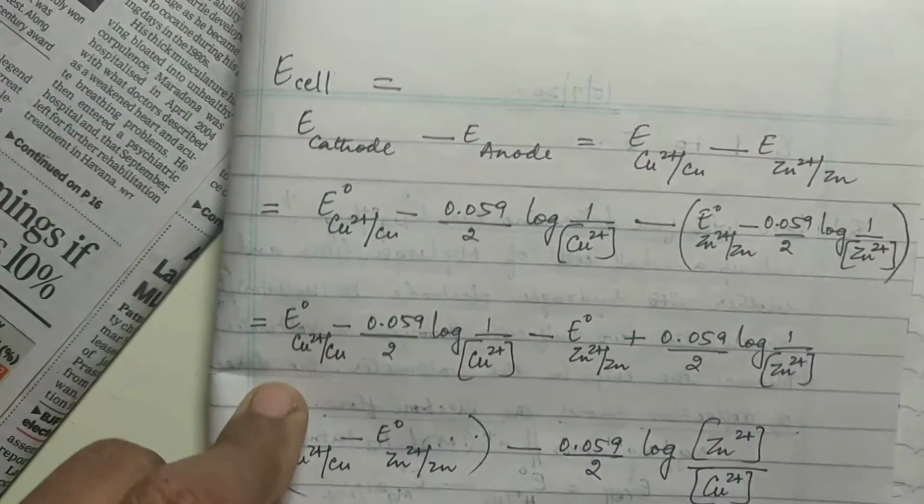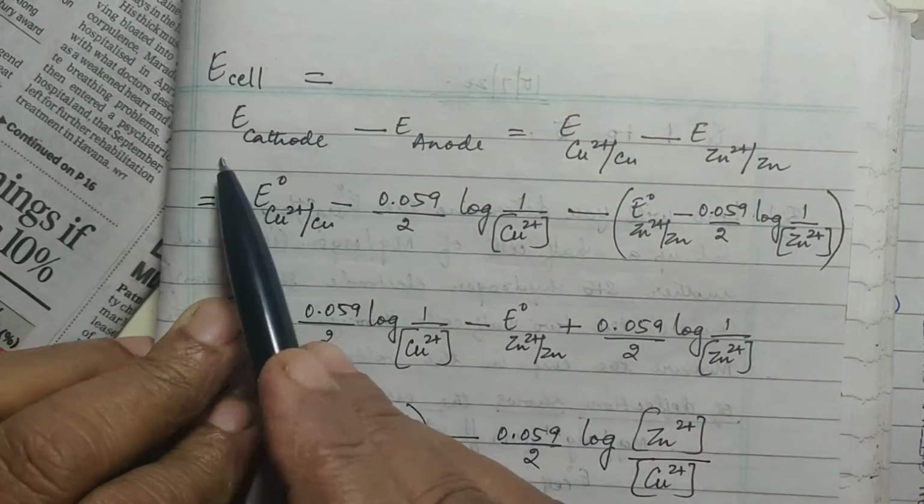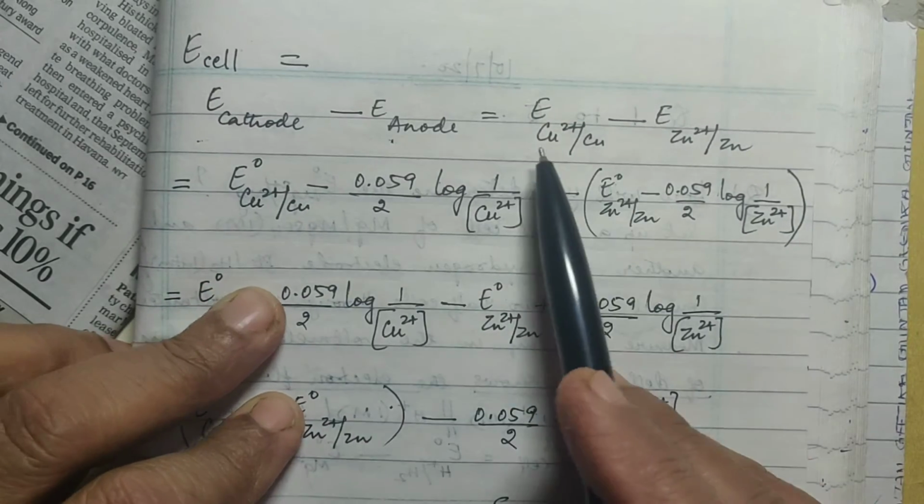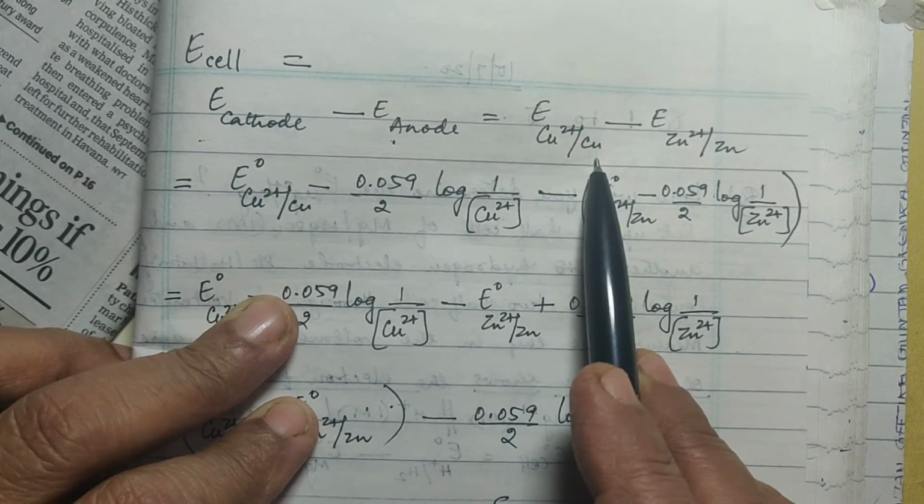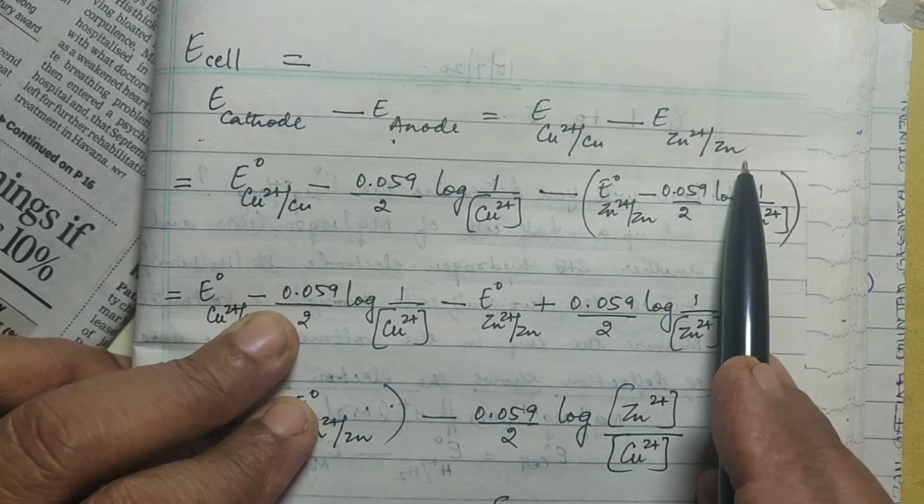And then E cell will be E cathode minus E anode. So that is E of Cu2+ bar Cu minus E of Zn2+ bar Zn.